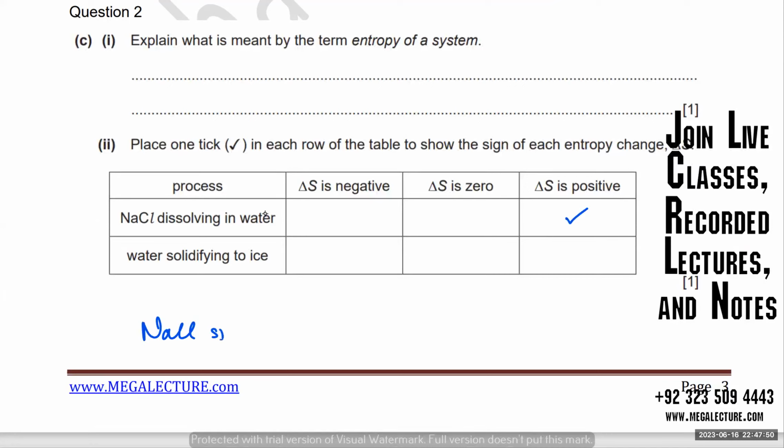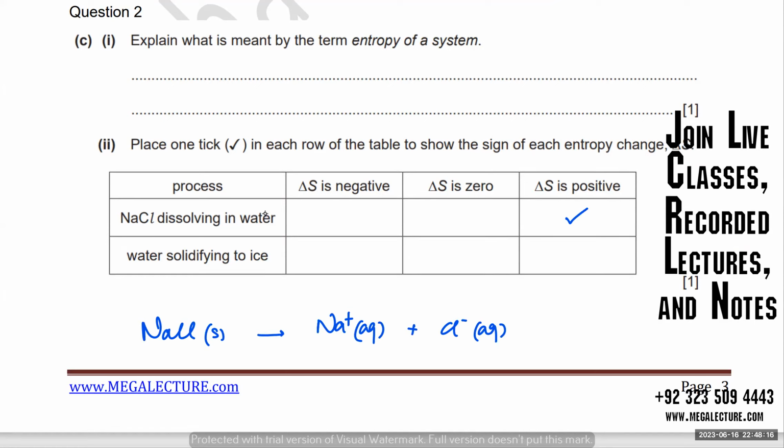In a solid the particles are tightly packed and arranged in a very orderly manner. Yeah, they have a regular arrangement, and then they also dissociate. The number of particles increases, and they turn aqueous as well. Aqueous state is kind of the same as liquid state.